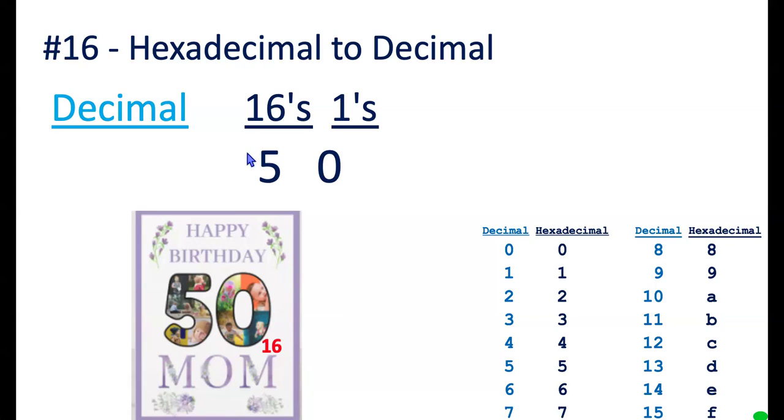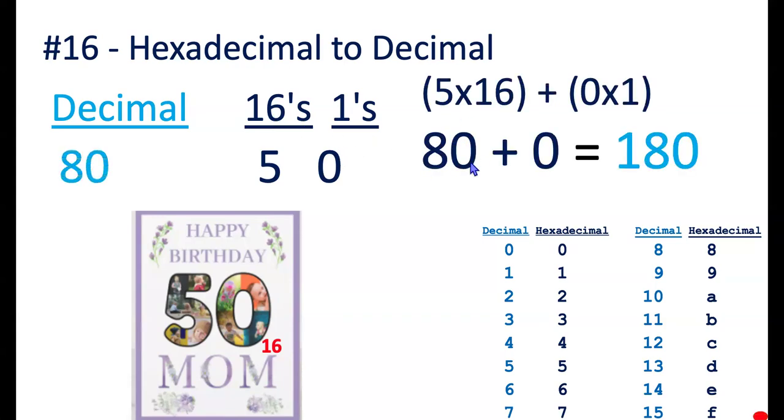Yeah, I think you got it. How many 16s do we have? We have 5 16s and 0 ones. Well, 5 times 16 is 80. 0 ones is 0. 80 plus 0. Oh, I said 180 there. Oh, I did. She wasn't that old. Okay. Oh, my goodness. Let me change that.